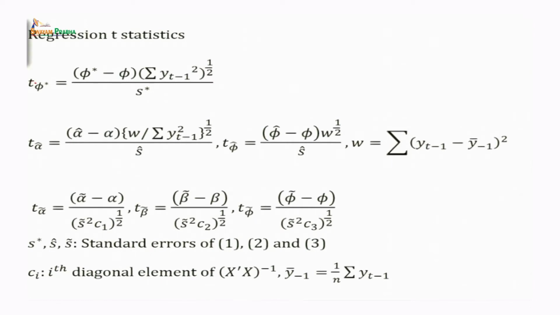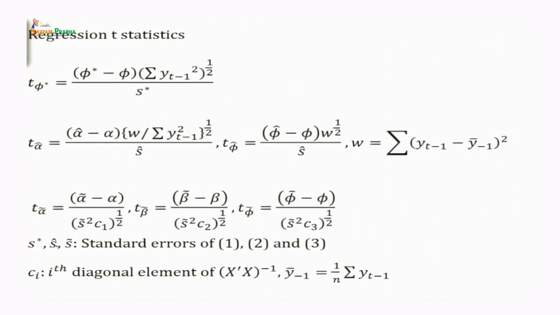The first one is for equation 1. Then for equation 3 the corresponding t ratios are t alpha curl equal to alpha curl minus alpha upon s curl square c 1 to the power half. For beta, it is t beta curl equal to beta curl minus beta upon s curl square c 2 to the power half, and for phi it is t phi curl equal to phi curl minus phi upon s curl square c 3 to the power half.